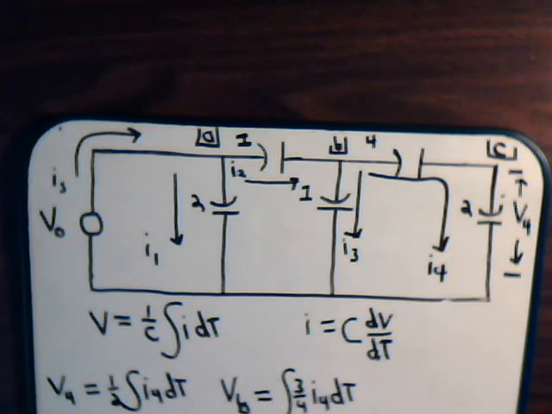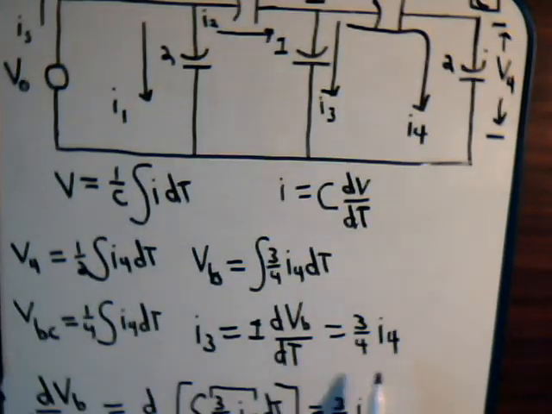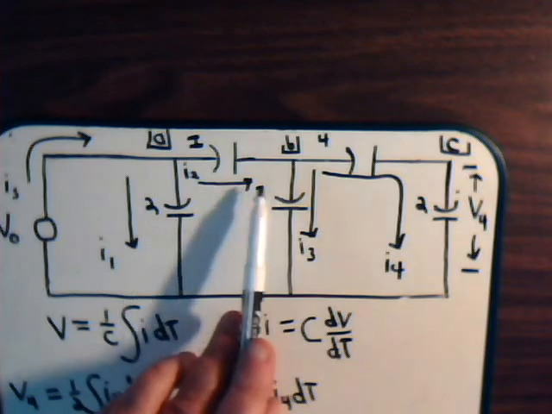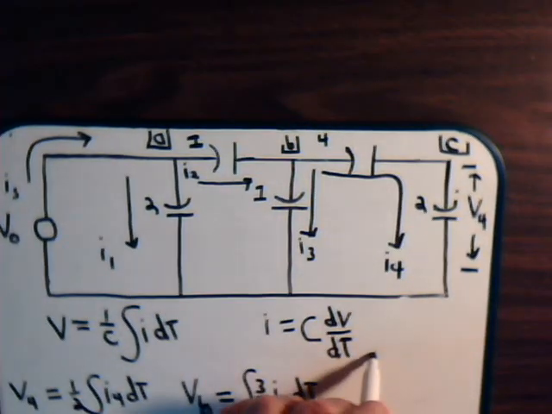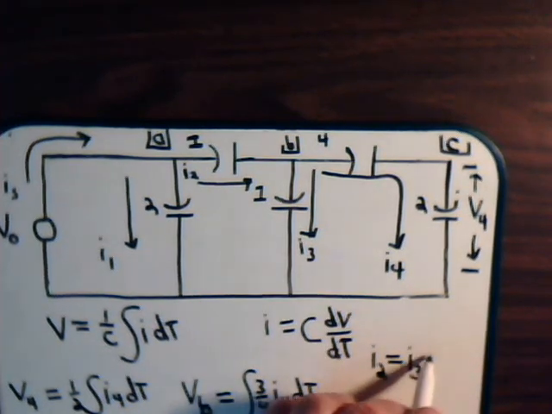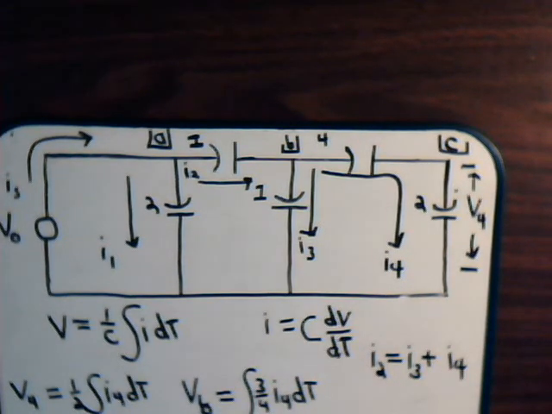So we know that I3 is this. Now what about I2? Well, I2 comes into here, then it splits into I3 and I4. So I2 is just I3 plus I4. And we have a general relationship now for I3. That's 3/4 I4. We just figured that out.